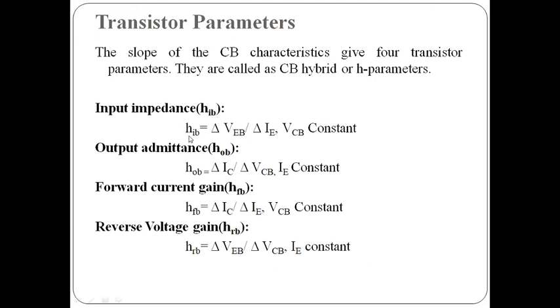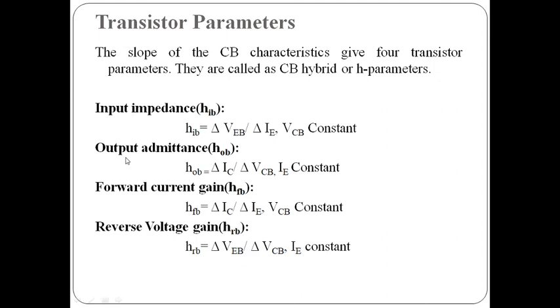The input impedance is the ratio of change in the emitter to base voltage for a change in the emitter current with VCB kept constant, and it can be calculated from the input characteristic curve.